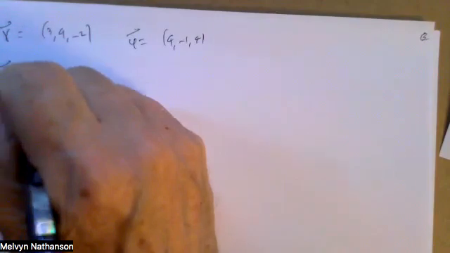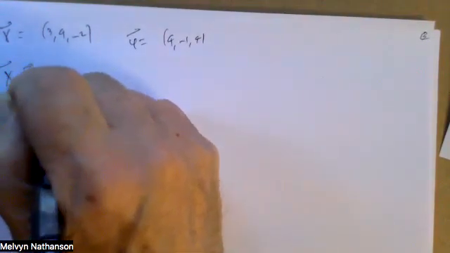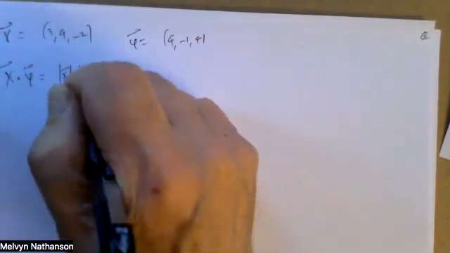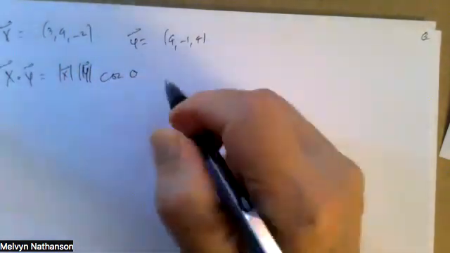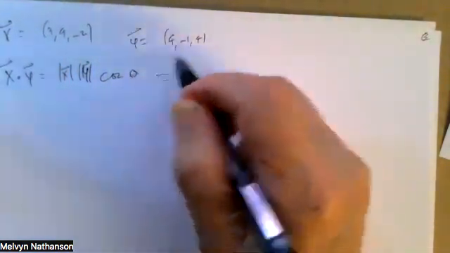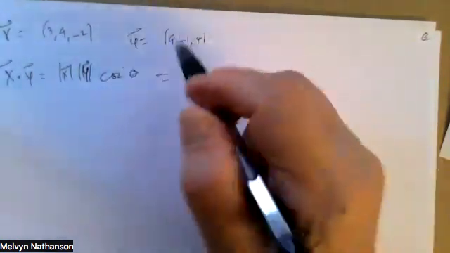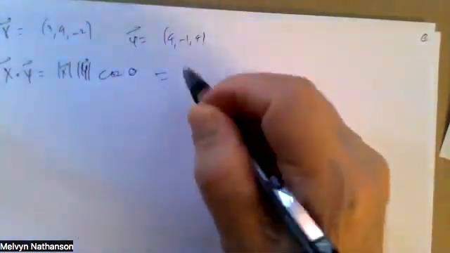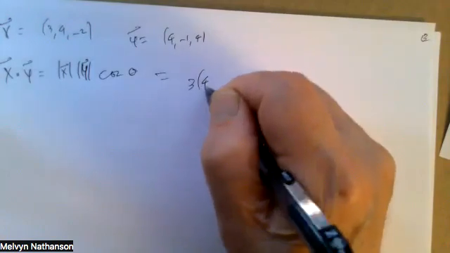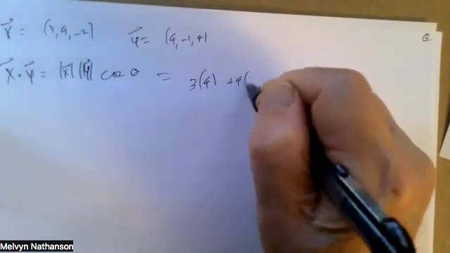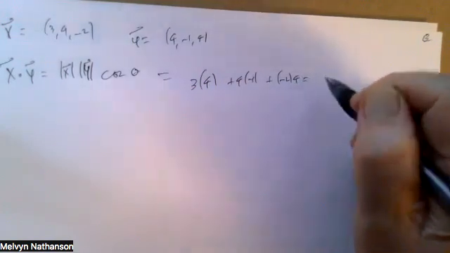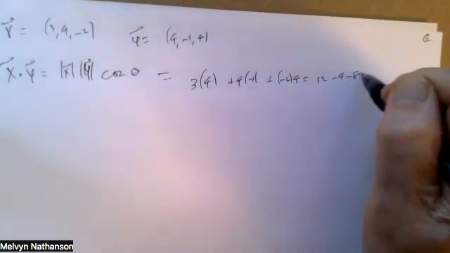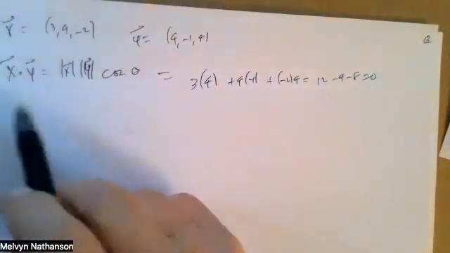If I take the dot product, that's the length of X, length of Y, cosine of the angle between them. But what is the dot product? Multiply coordinates and add. 3 times 4 plus 4 times minus 1 plus minus 2 times 4 is 12 minus 4 minus 8 is 0.